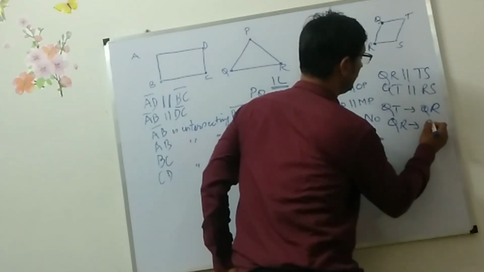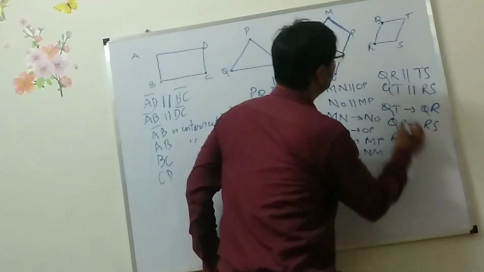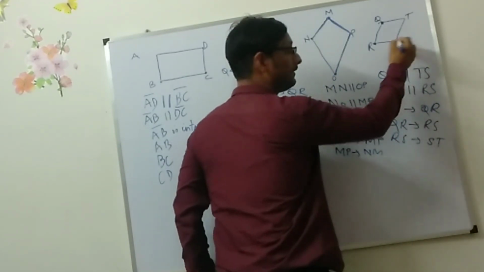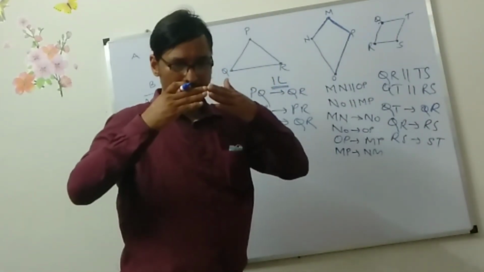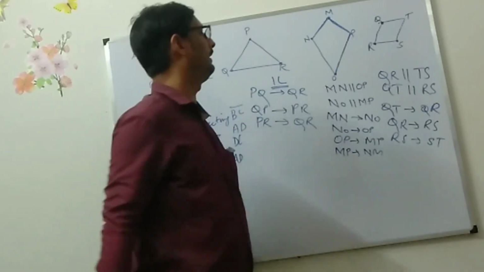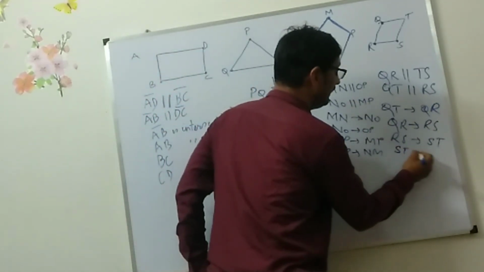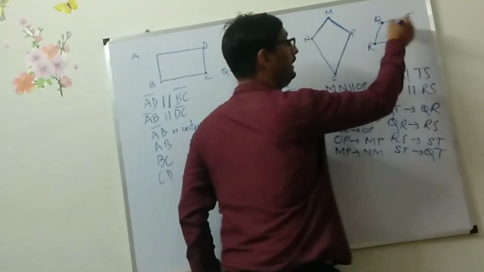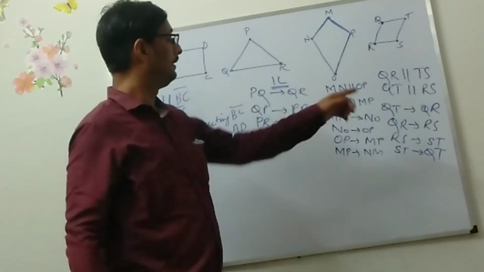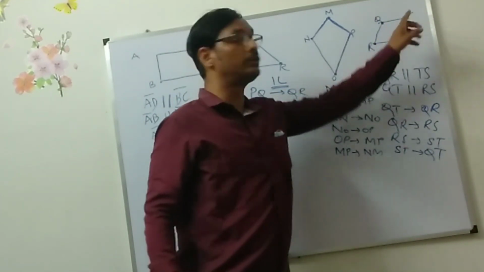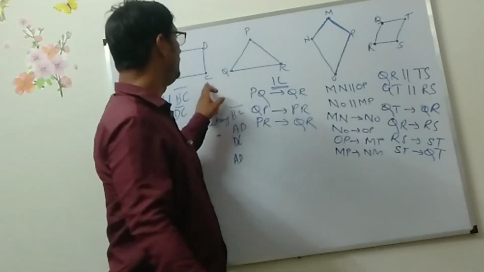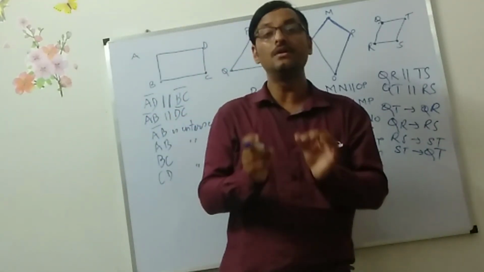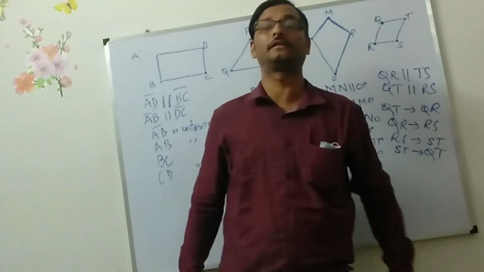RS is meeting ST at point S, and ST is meeting QT at point T. So these are the parallel lines and intersecting lines. This is the way we find out parallel lines and intersecting lines.